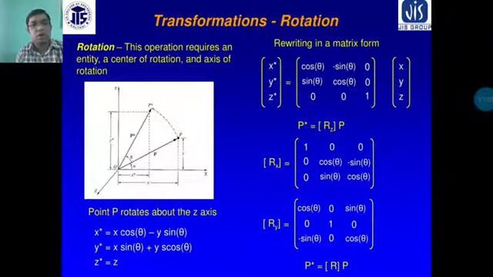Then Ry equals: first column cos theta 0 minus sin theta, second column 0 1 0, and third column sin theta 0 cos theta. You can find that p star equals R p. For a point rotated about the z axis, suppose the point is rotated about the z axis, then x star equals x cos theta minus y sin theta, and y star equals x sin theta plus y cos theta.